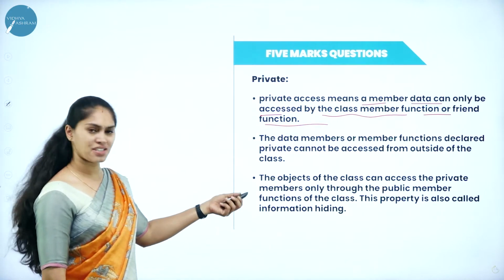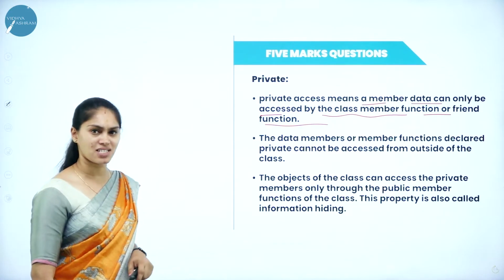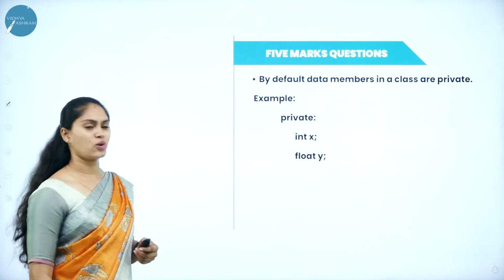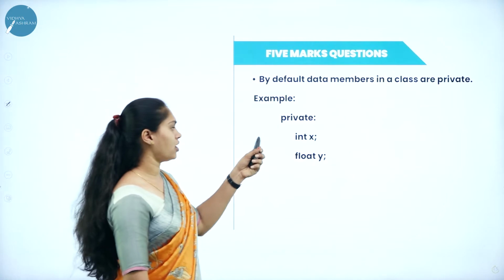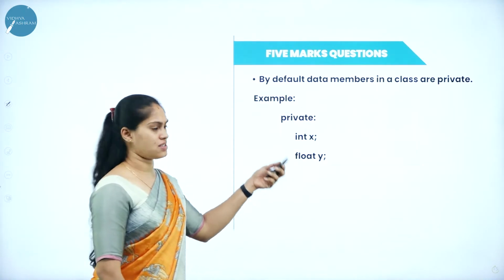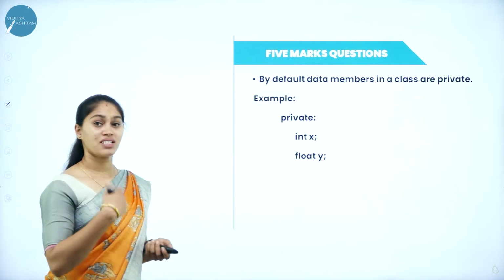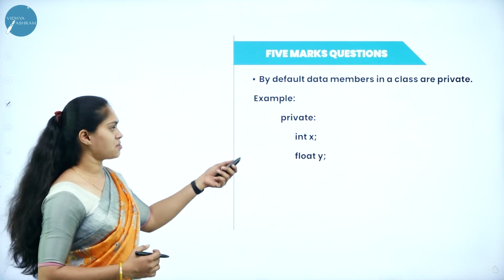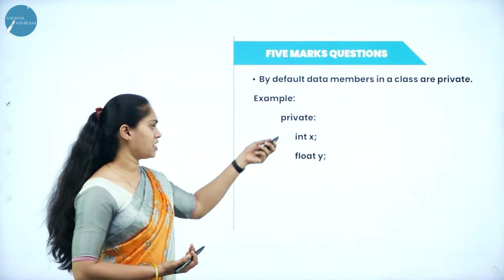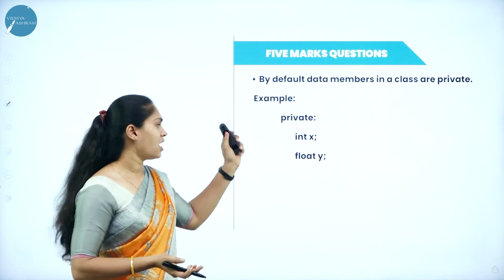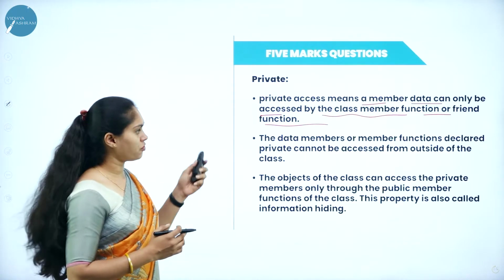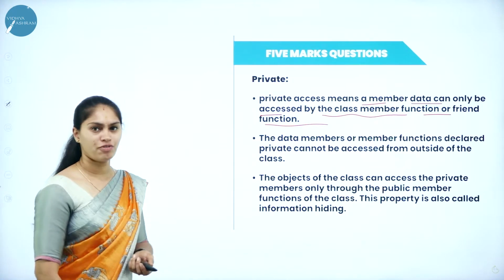You have to write some more points regarding the private access specifier, and this is how we give the example: private colon int x, and we have a float y. These are the two data members which come under the scope of private. So these two can't be accessed outside the class, and can be accessed only by the members of the class or else by the friend function.